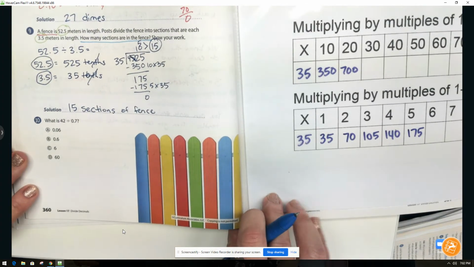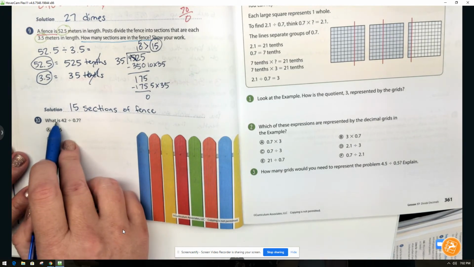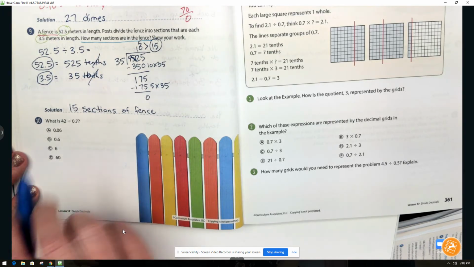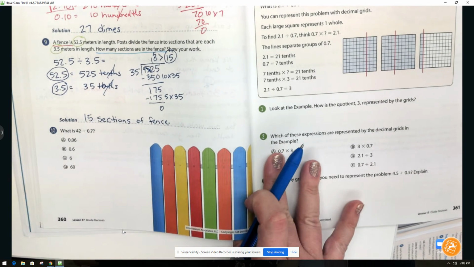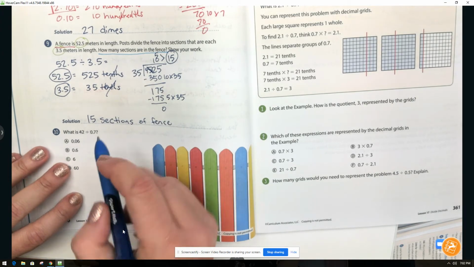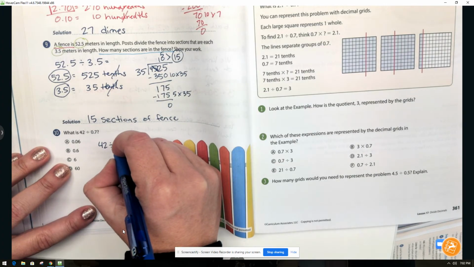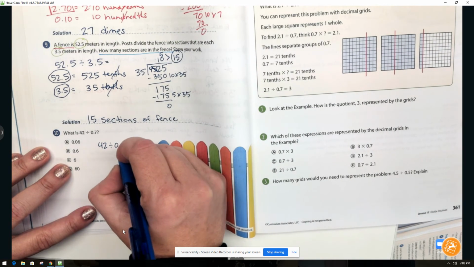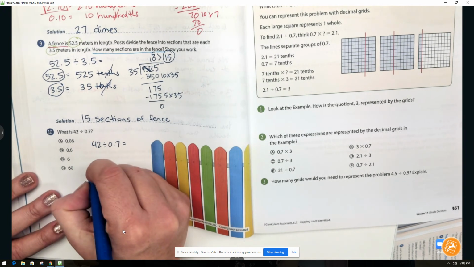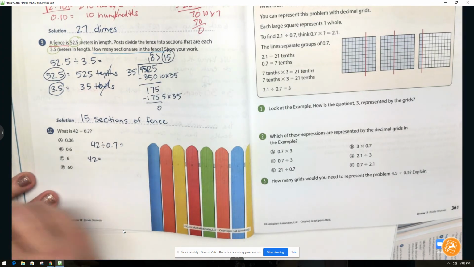Awesome. All right, let's look at number 10. Now, number 10, we're dividing a whole by a decimal. So this is not quite the same as what we've been doing all this time. I think they wanted to make sure we still knew how to do this from yesterday. So we have 42 divided by 7/10. Well, 42 is equal to how many tenths?